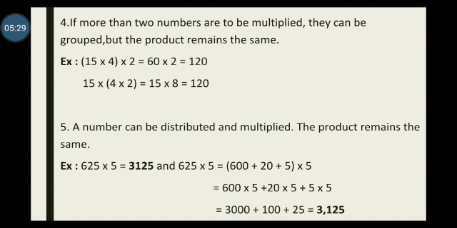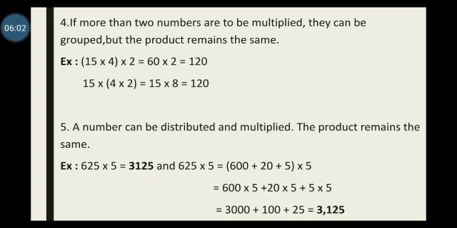The next property is that when we have to multiply a number, there is another method. We can distribute the number. We can write the bigger number in the expanded form and then multiply it. The example taken is 625 to be multiplied by 5. I will break the bigger number in the expanded form. I will write it as 600 plus 20 plus 5, and I will multiply it by 5.